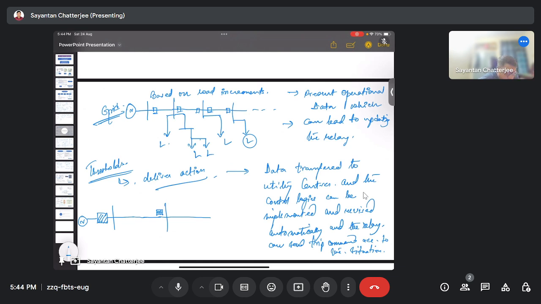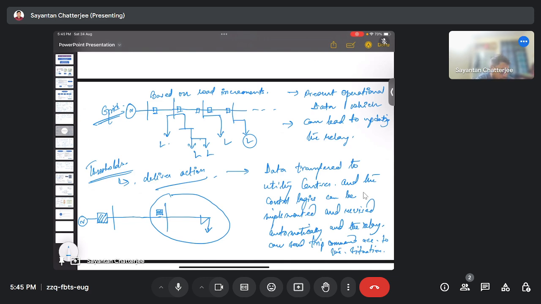When I say the word relay, it implies both the relays as well as the breaker. Means the operation would be done by the breakers, right? So let's suppose a fault occurs in this area. Initially, this breaker would take care of this fault.